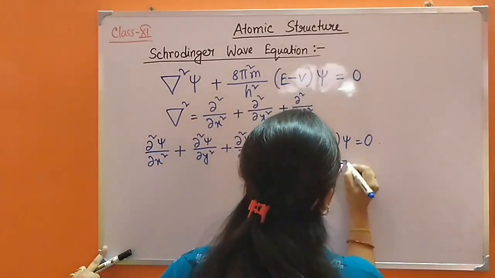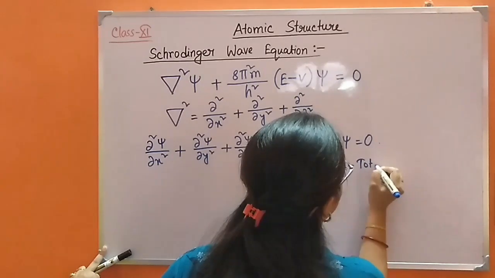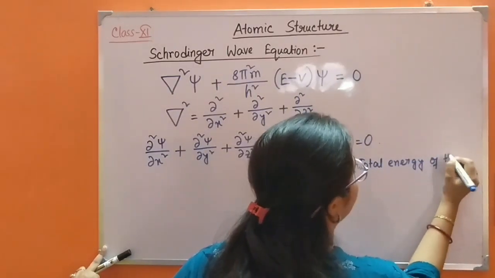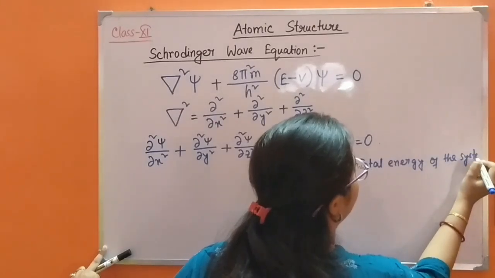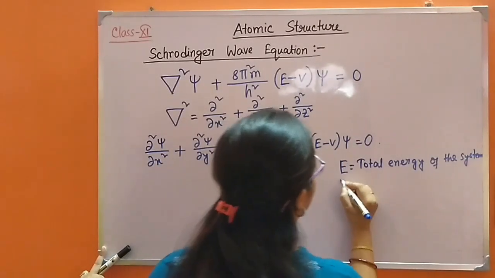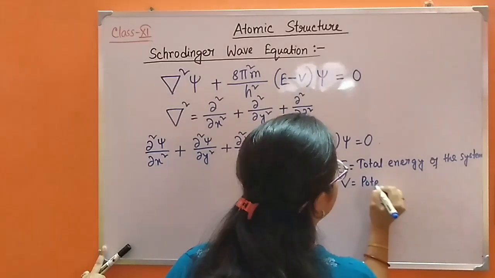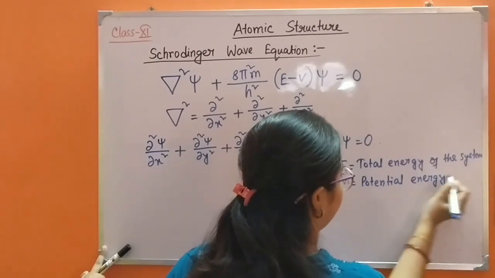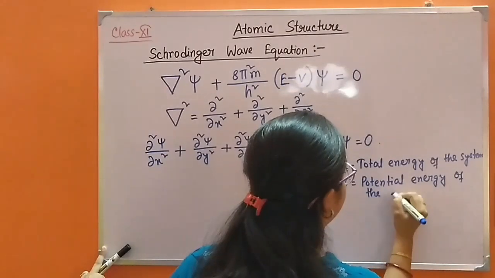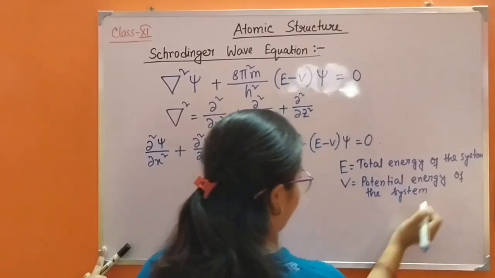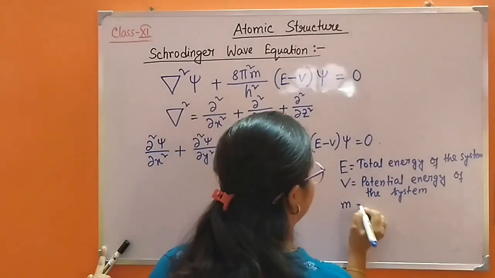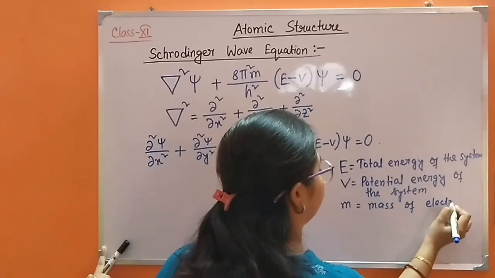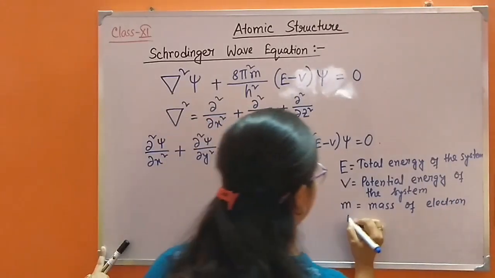Here, E is total energy of the system. V is potential energy of the system. m is mass of electron. h is Planck's constant.